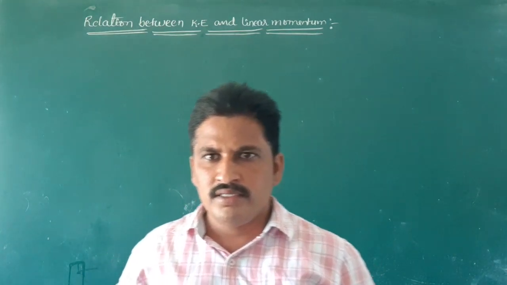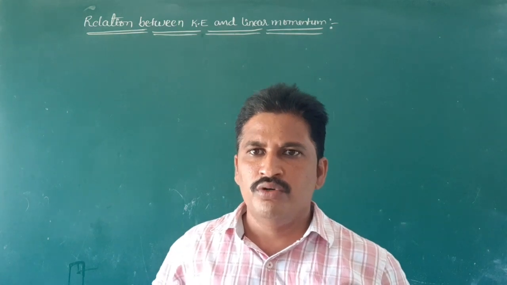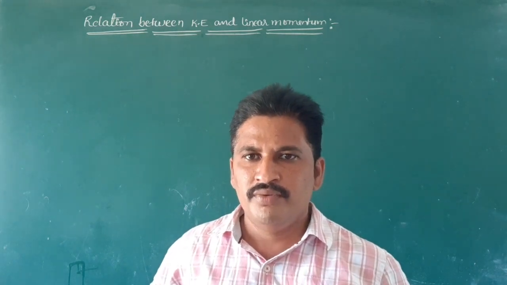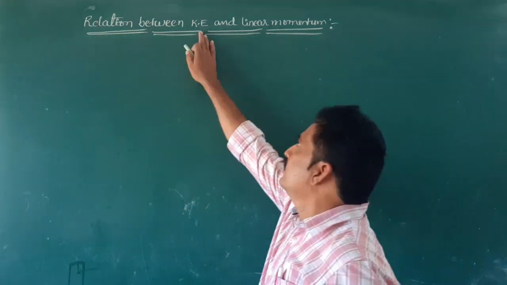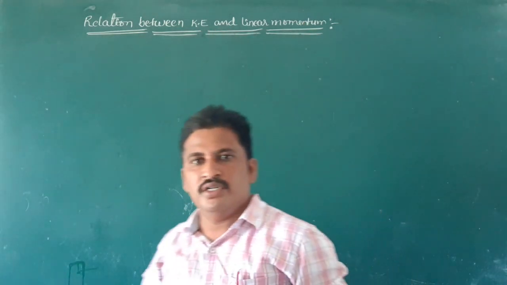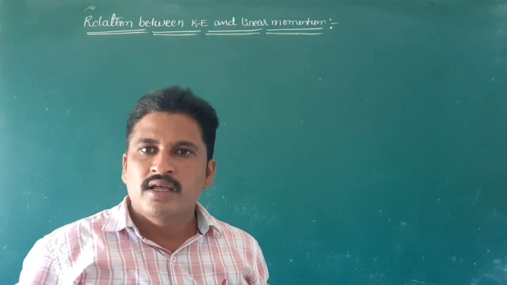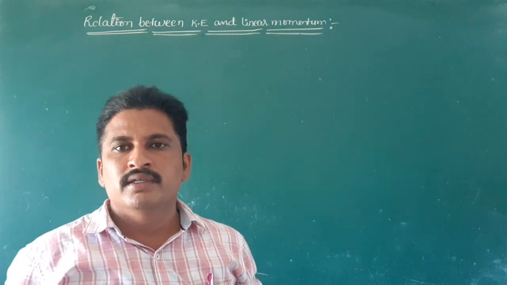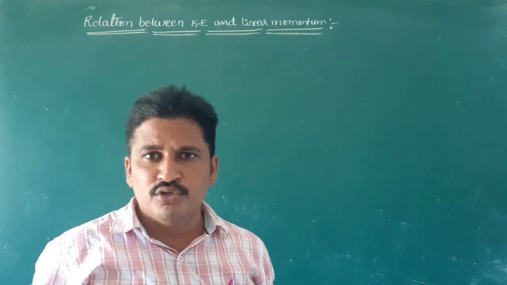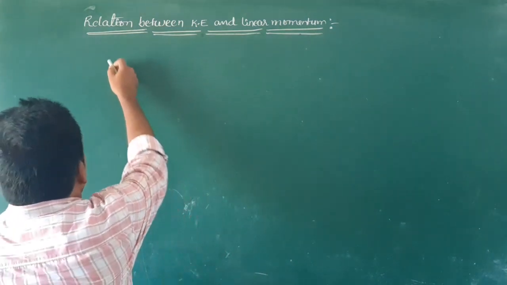Today in this class I am going to explain the relation between kinetic energy and linear momentum, students. We already know the mathematical expressions for linear momentum and kinetic energy.